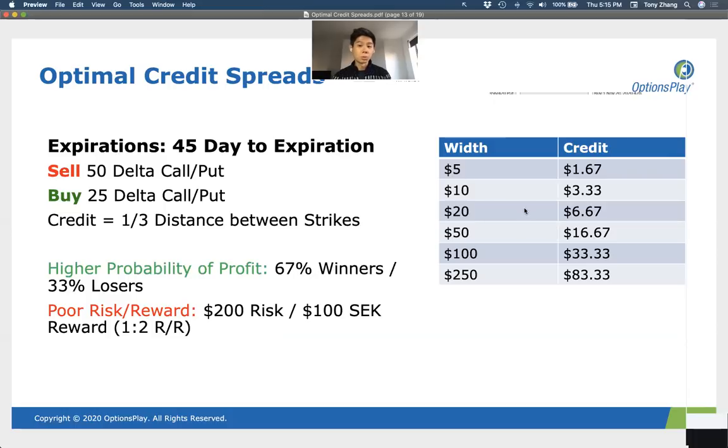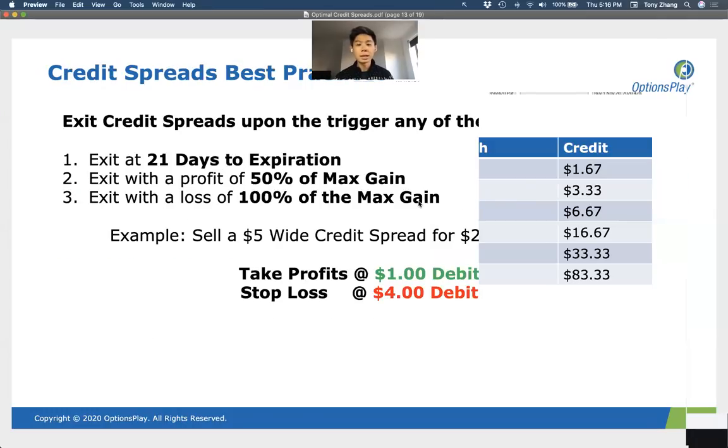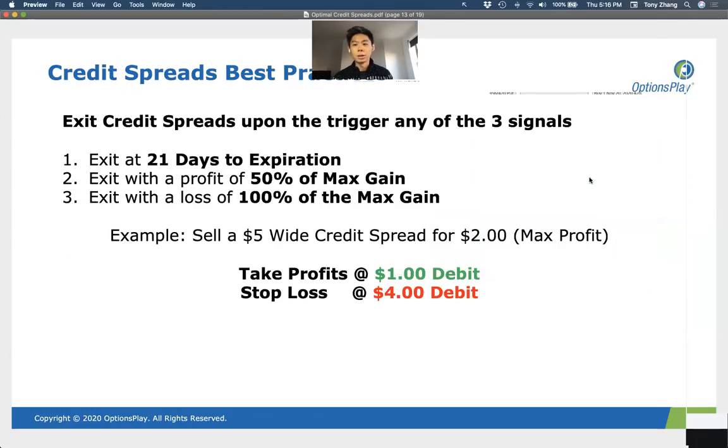No, you cannot lose more than this amount unless you get early assigned and you don't manage them correctly, or unless you hold them to expiration, get assigned on one leg, and then let's say the market moves over the weekend and you have a substantially large exposure where the long leg is no longer providing that protection. But again, if you keep to the rules by closing out your trades at those rules that we're referring to here, then you will never lose more than the max loss of that trade.